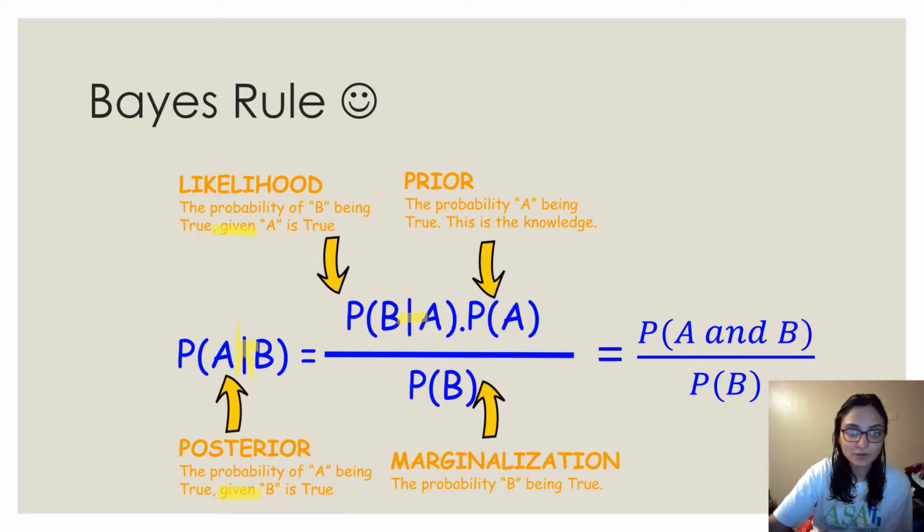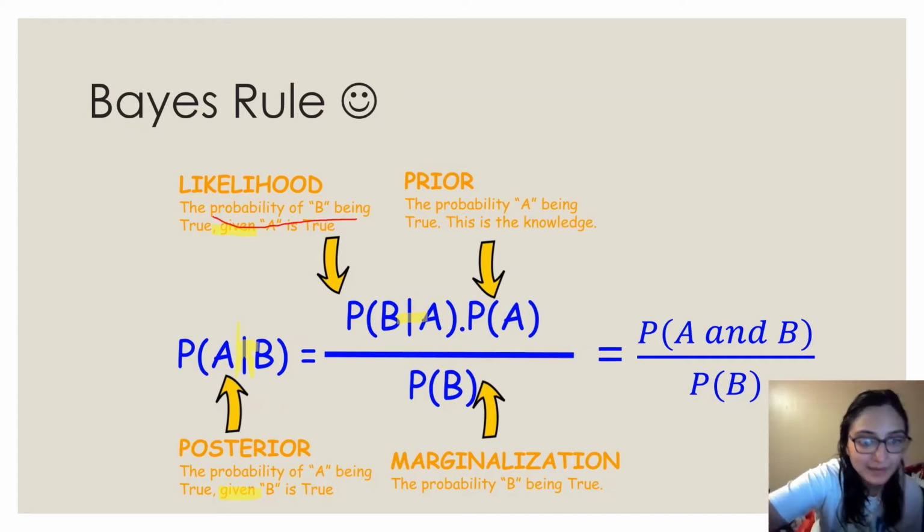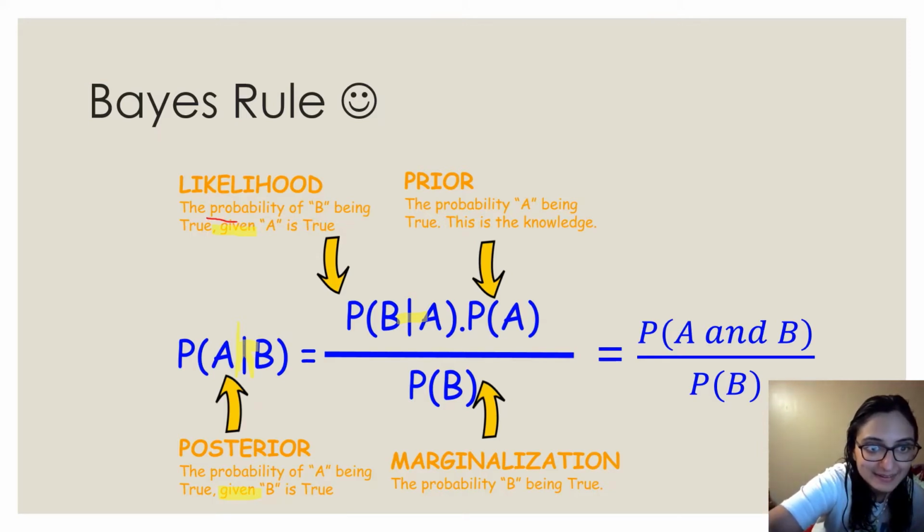One way of seeing it is the probability of B being true. Let me just underline it. So this is the probability of B being true.